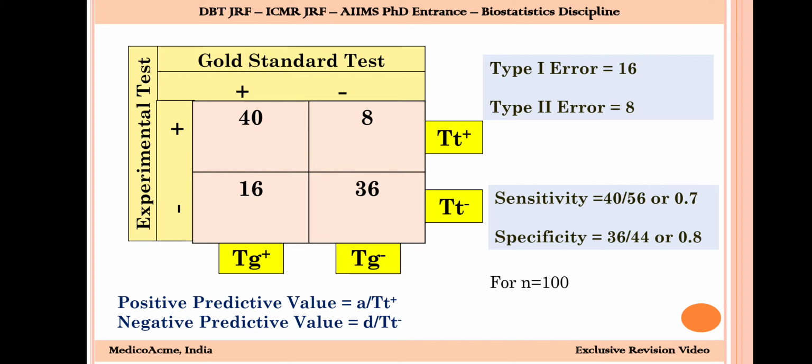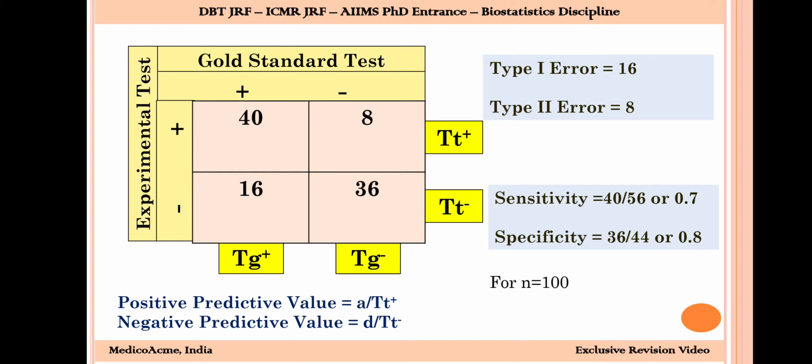Positive predictive value and negative predictive value, guys, are very important; these are asked many times in examinations. You can say this is the opposite of sensitivity and specificity. So A by TT plus and D by TT minus.